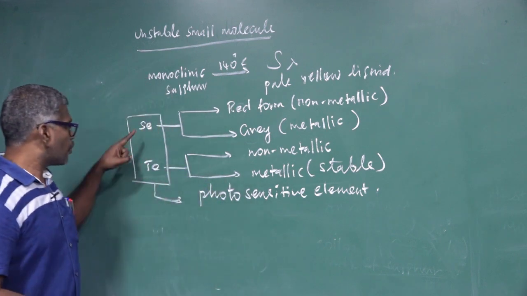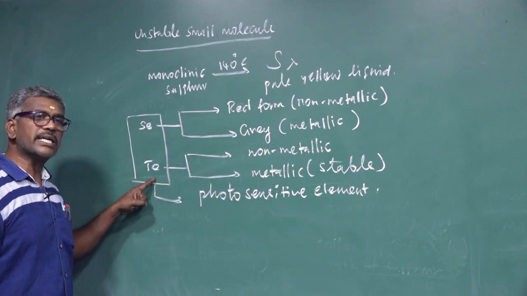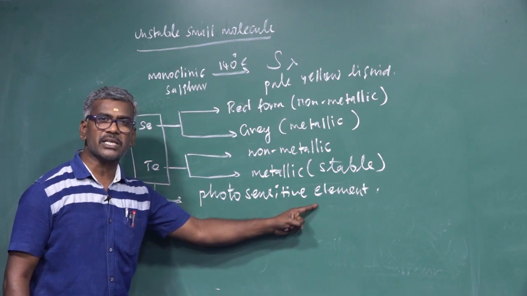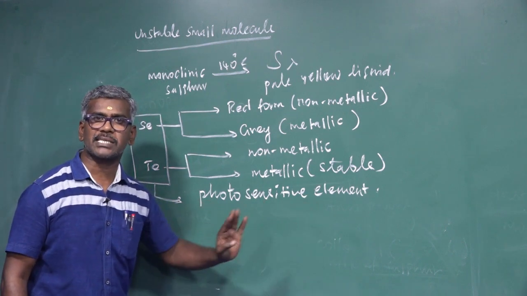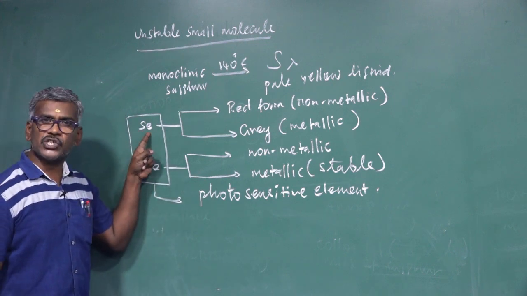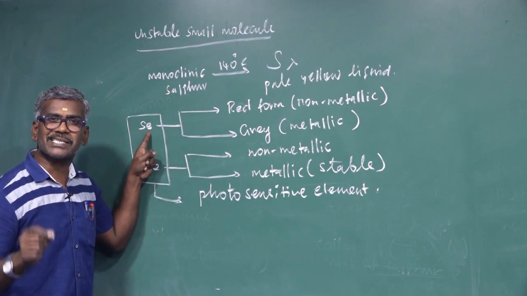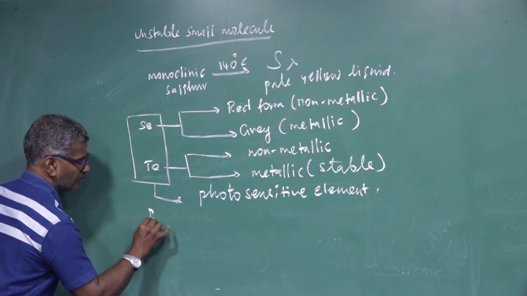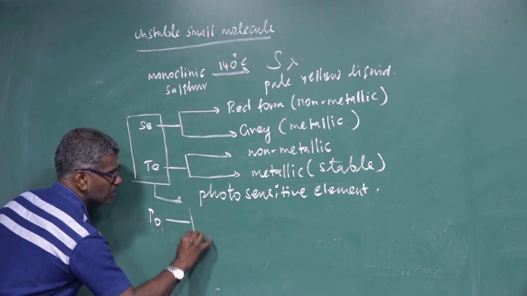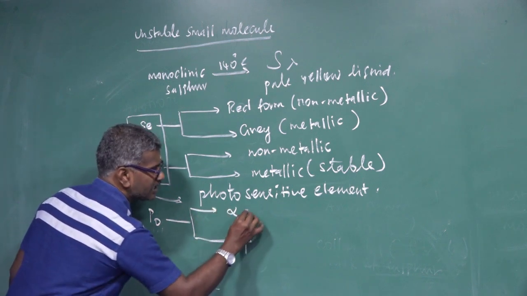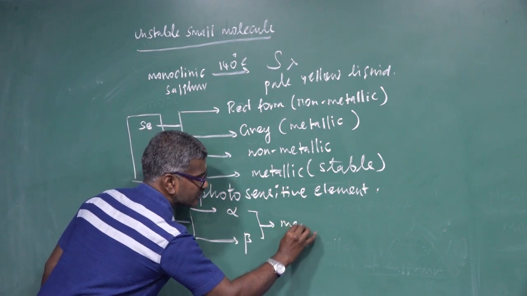So both selenium and tellurium are used as photosensitive elements. This type of question may be asked in NEET. Selenium is used for measuring the intensity of light. Last one, polonium. Polonium has two forms, alpha and beta, both metallic.